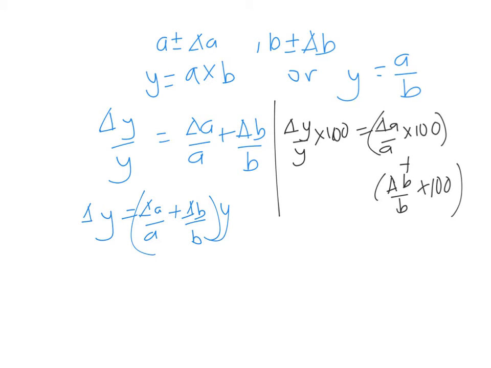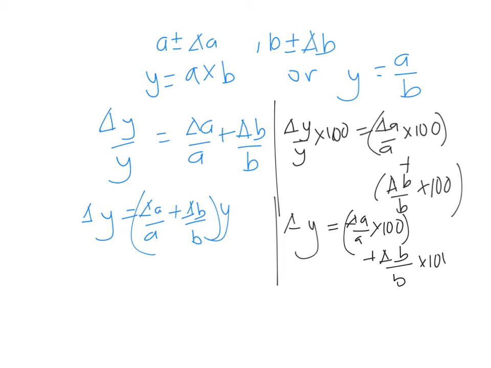And in this second case, your uncertainty for y will be equal to the percentage uncertainty for a plus the percentage uncertainty for b. Then you bring the 100 over, that means the whole thing here, you have to divide by 100 first, then the whole thing times your y.